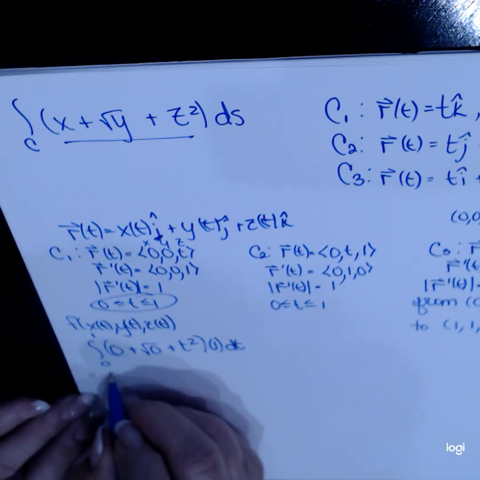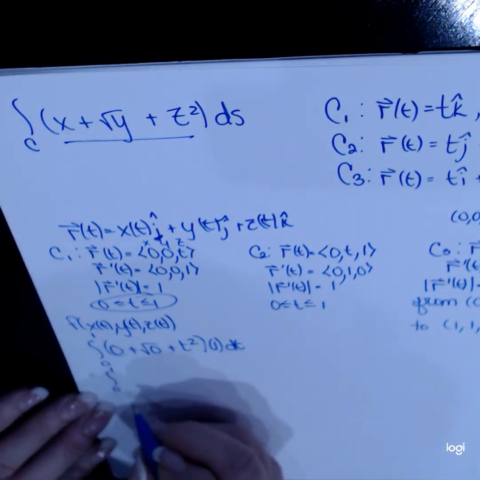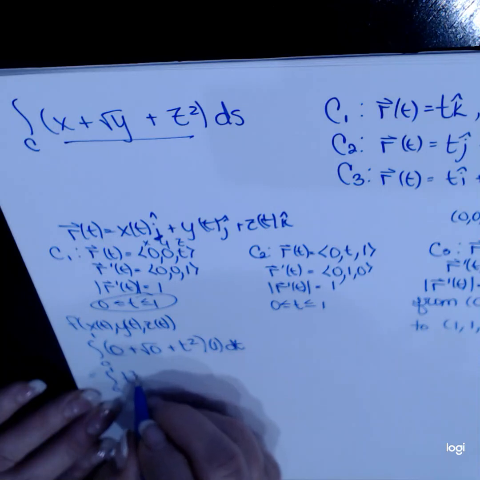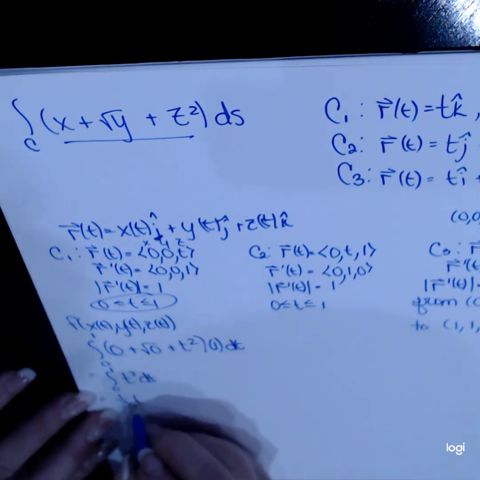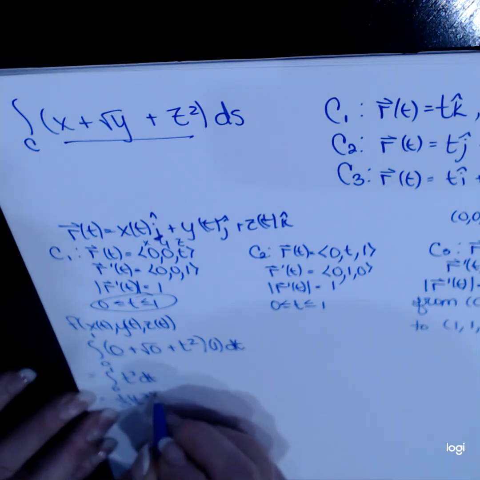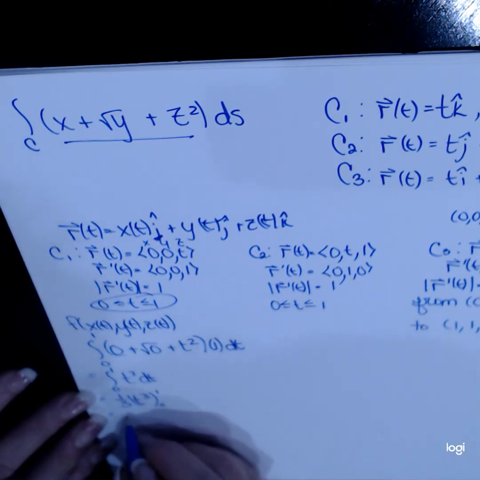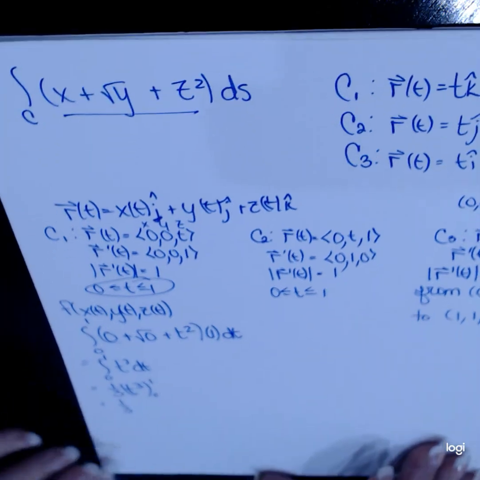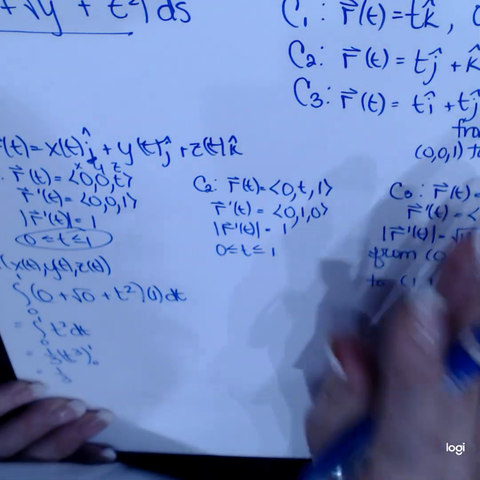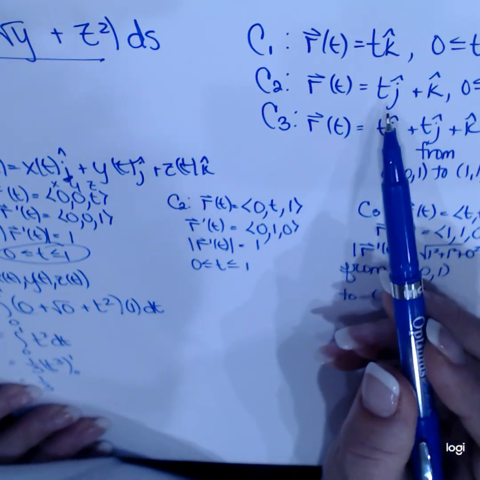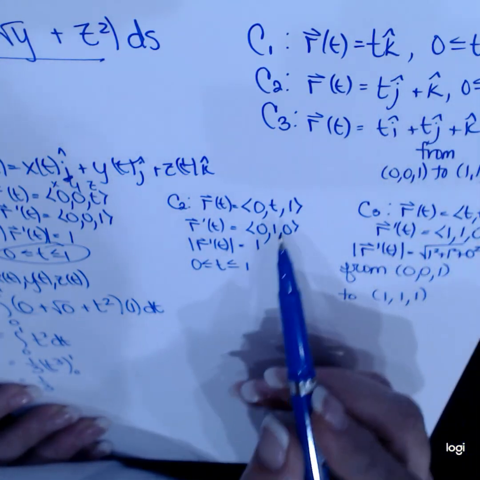So basically, this just means that we're going to integrate from 0 to 1 t squared with respect to t. That's going to give me 1/3 t cubed, which I can look at between 0 and 1, and that looks like it's just going to give me 1/3. Okay. Our next curve was given to us as r of t equal to t times the unit vector j plus the unit vector k.